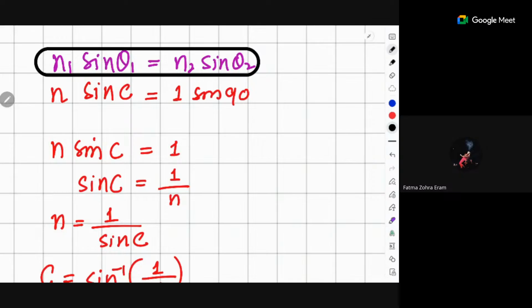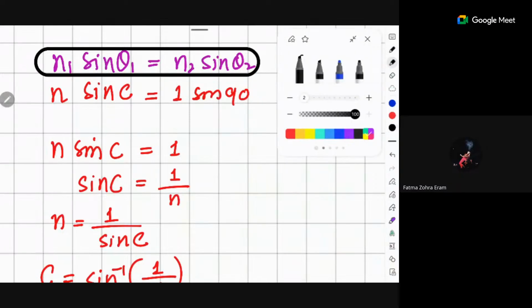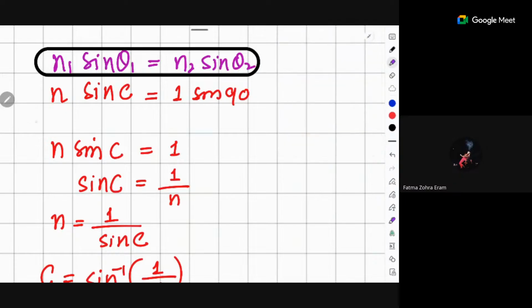So n1 sine theta 1 equals to n2 sine theta 2, where n1 was the refractive index of that medium from which the light is propagating into the second medium. So here, this n1 is your initial, yani medium number one. You got my points? This is first medium.